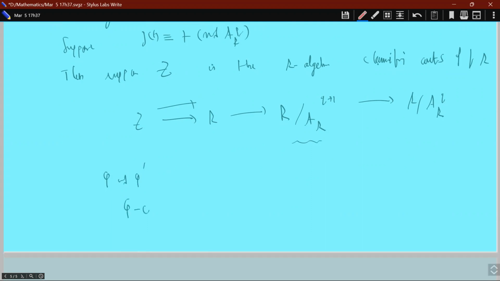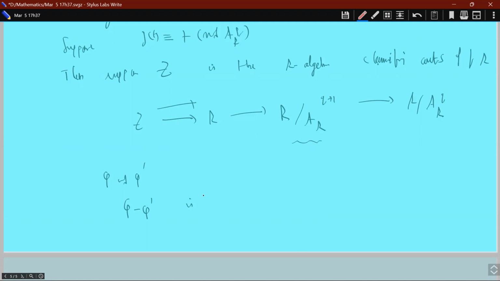So then phi minus phi star, it is R linear because both of them are R algebra homomorphisms.